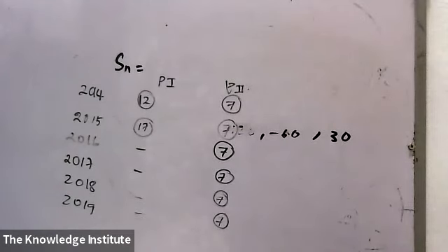Find an expression for Tn, the nth term of the progression. Did you all do that? Yes or no? No? You didn't do it? Teacher, we are doing. No, I'm asking, do you all know how to do it?